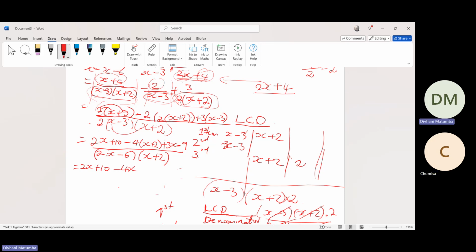Why is it plus? Because 2 is positive, sir. This one is negative and this is positive. Oh, it's minus 8. So don't make that mistake again. Okay. Plus 3x minus 9. You agree? Yes, sir. Okay. And then the numerator.